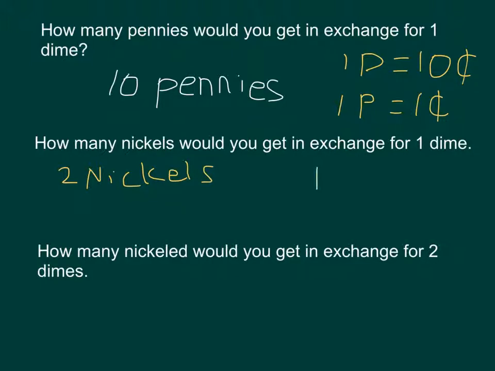I know that one dime is worth 10 cents. And since I know a nickel is only worth 5 cents, I know that 2 nickels can make up that one dime. 5, 10. It would come to 10 cents.